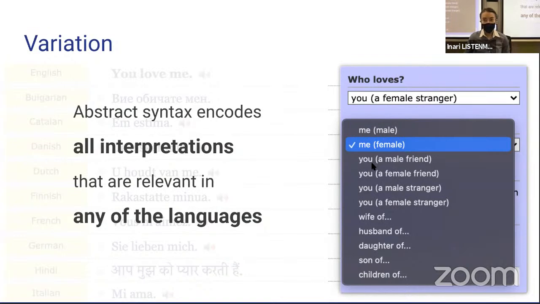And this kind of user interface is one way of making sure that you don't accidentally say to a stranger, I love you, as if you were talking to a friend, for instance. And then the stranger will get very offended because you should have said vous instead of tu or something.